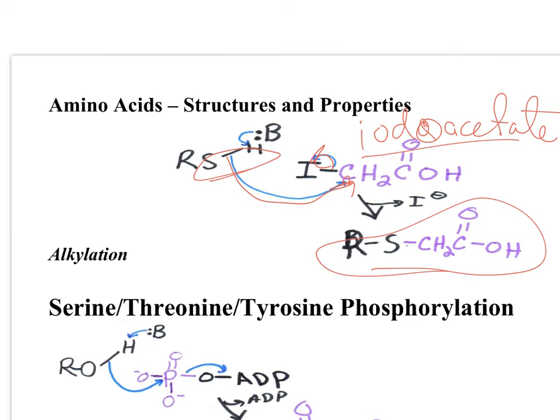Now, acylation forms something, as we just mentioned before. When you acylate something, you get an ester. In this case, you get an ether. So this leads to the formation of a thioether.